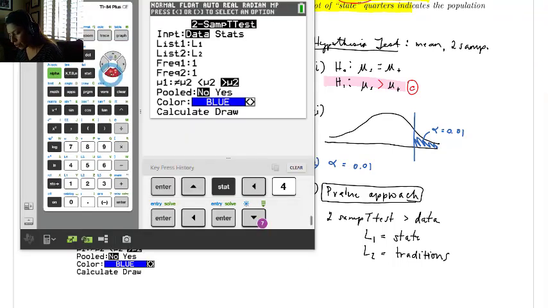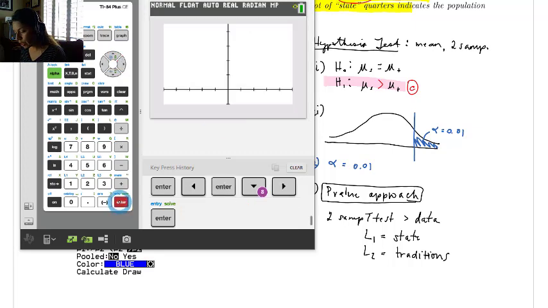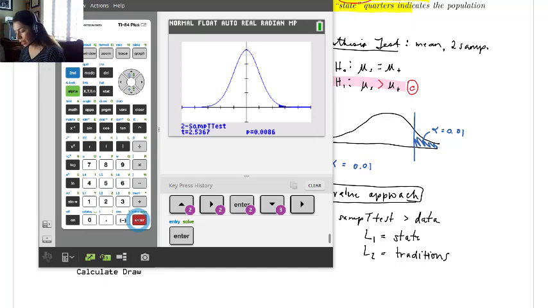So here, let me drag this menu over. And I want to show that when you do step 2 and you draw, it actually has a draw in the menu. And if you hit enter, you can see that it's going to draw that normal curve and shade that little area piece to the right. And it tells you the p-value.